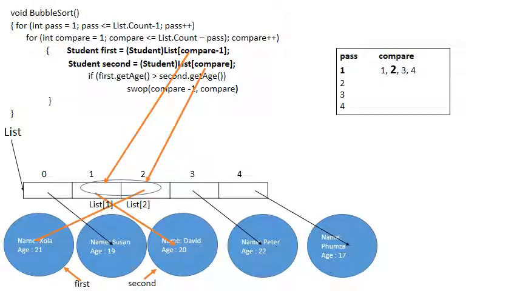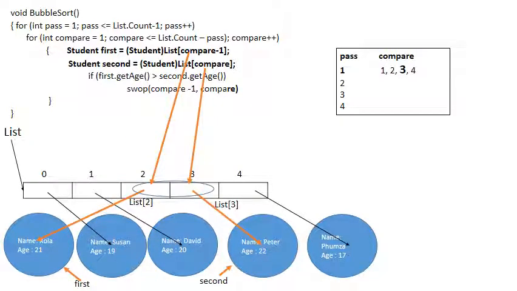The swapping means that the 2 pointers in position 1 and 2 swap. So list 1 now points to David and list 2 points to Xhola. So at this stage the order in the array is Susan, then David, then Xhola, and then still Peter and Pumza we haven't visited yet.